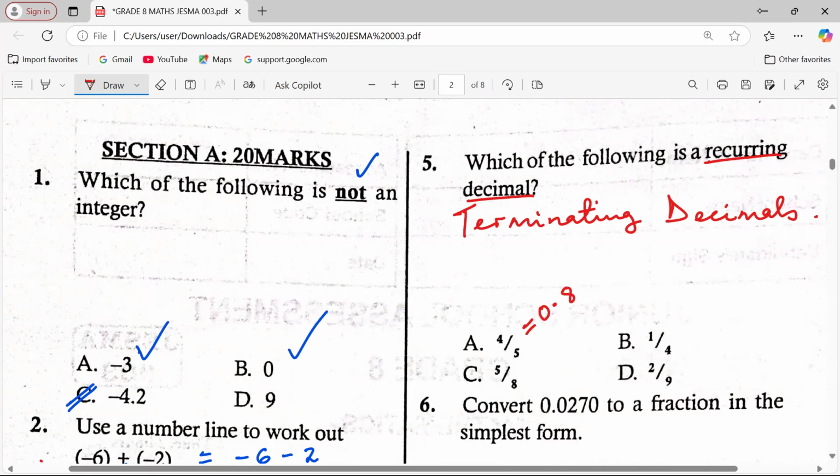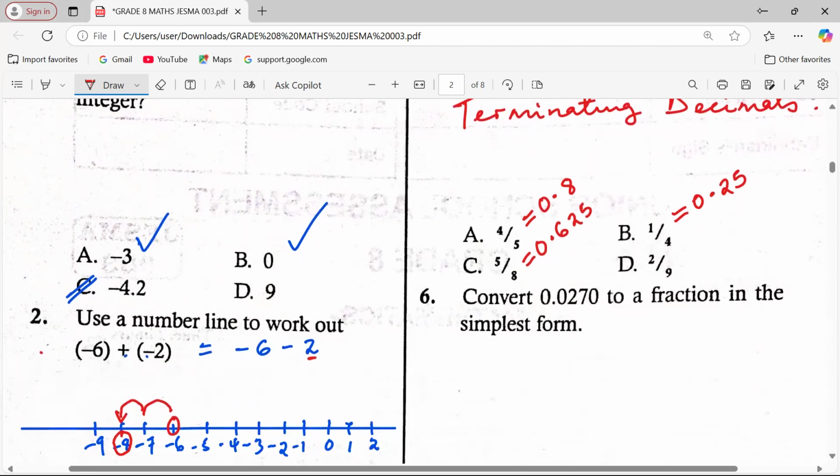When we divide 1 over 4, we get 0.25. When we divide 5 out of 8, we get 0.625. You see now? So we can check the last one, which is 2 out of 9. And this becomes 0.2222.